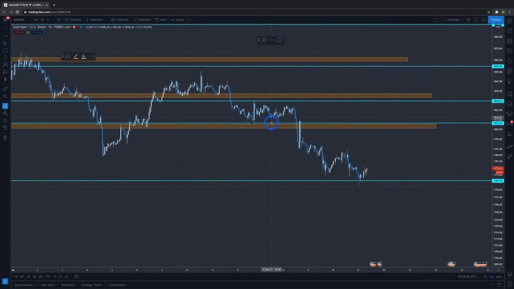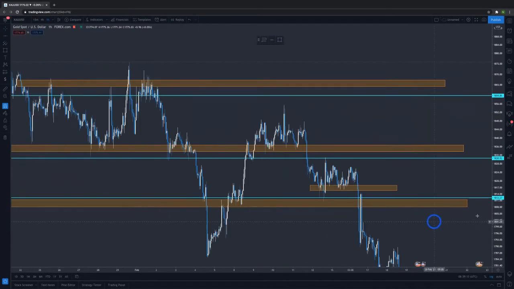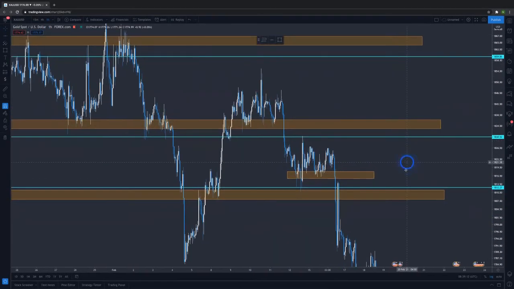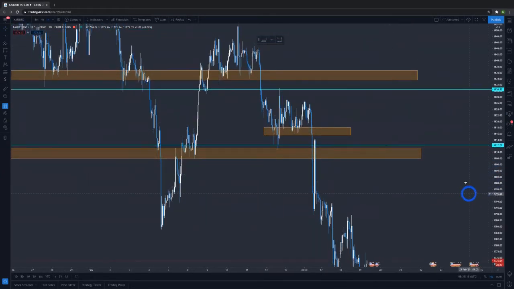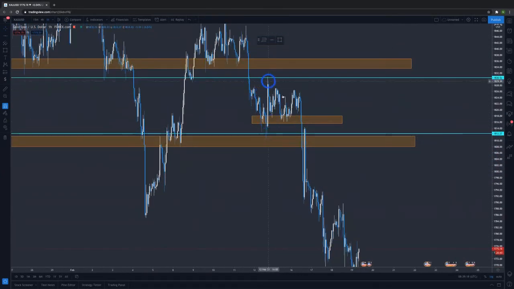You could draw them smaller. They don't always have to be as big. You could draw them right here. You can see this was a small area of support at one point in time. This is what we call an intermediate support level. So inside these major levels, you want to understand that there's an intermediate.